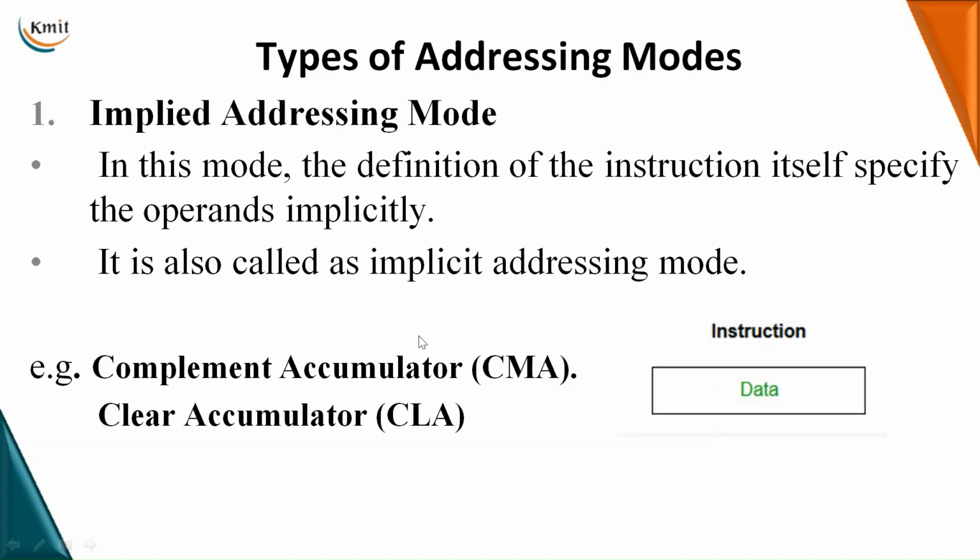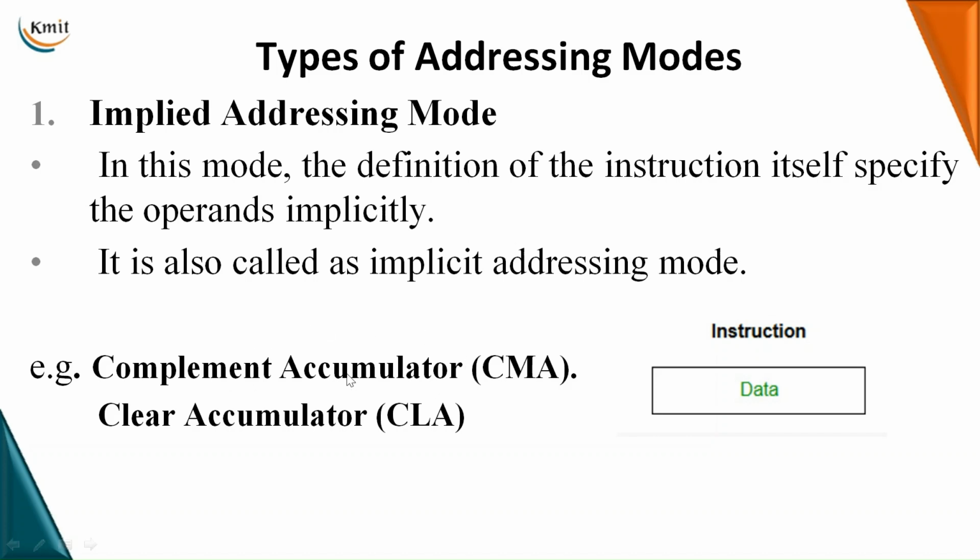For example, we have instructions like complement accumulator and clear accumulator. Whenever you look at the instruction itself, you can easily understand that you want to perform a complement operation, and on what, on the contents of the accumulator.